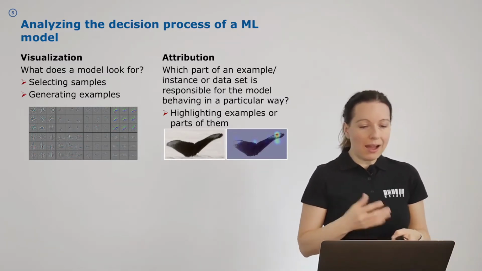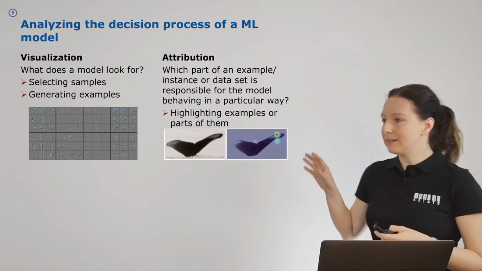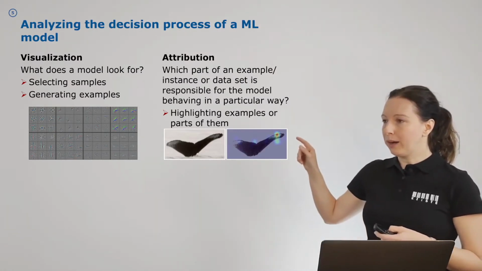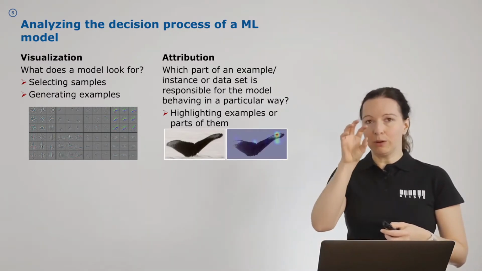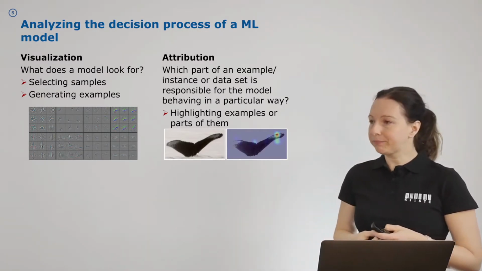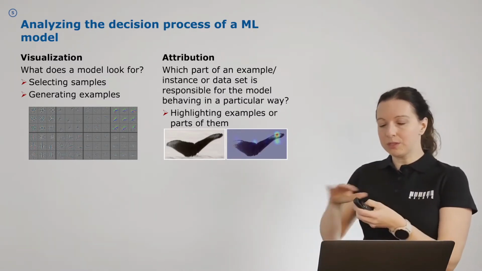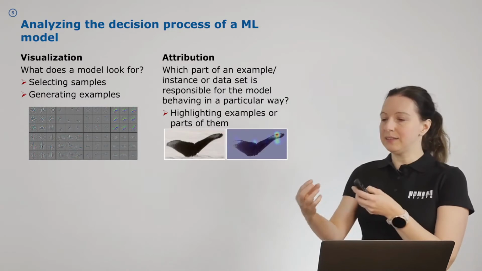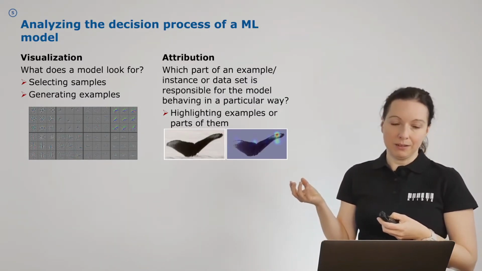And here you highlight examples or parts of them. A typical example is this heat map, where one part is highlighted. So you see one hotspot here, and normally when you work with images, this is overlaid, so you can see immediately where an important part in an image is.